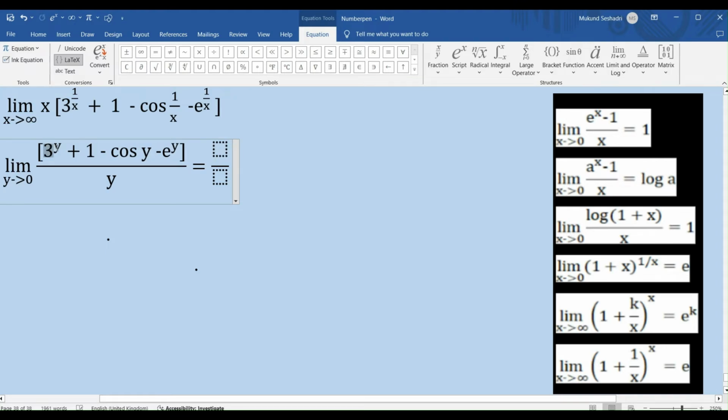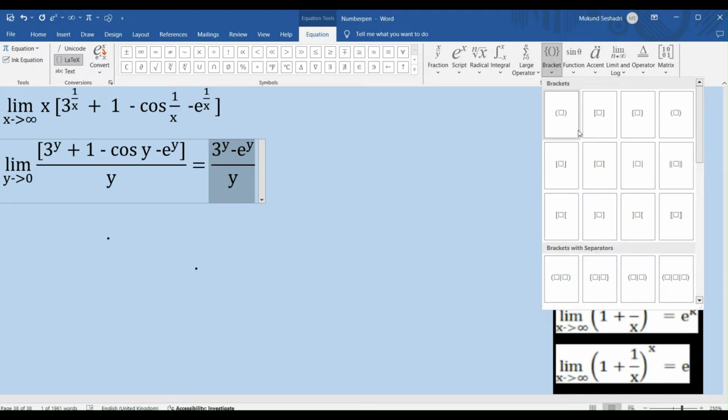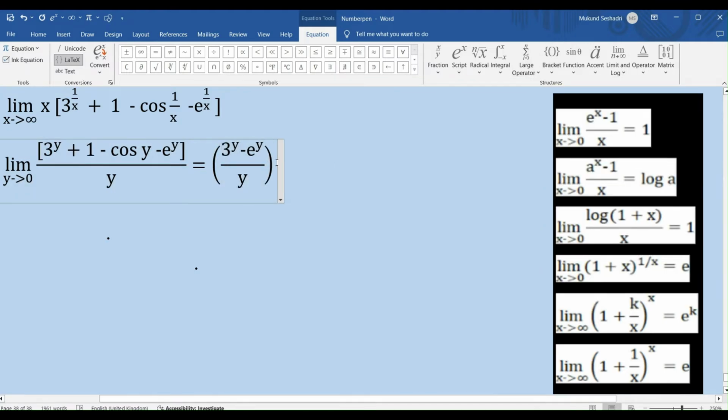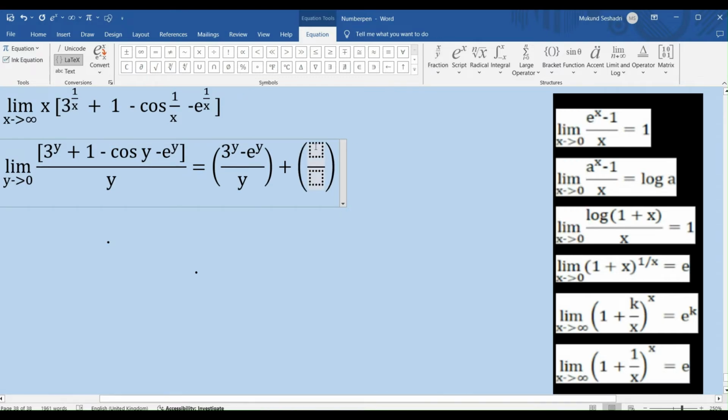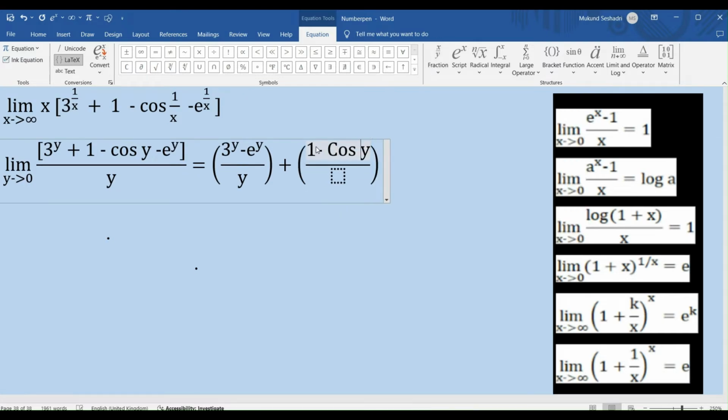I write this as 3 to the power y minus e to the power y, divided by y. I'm going to bracket this, and then I rewrite my 1 minus cos y separately. What do I get? 1 minus cos y divided by y.